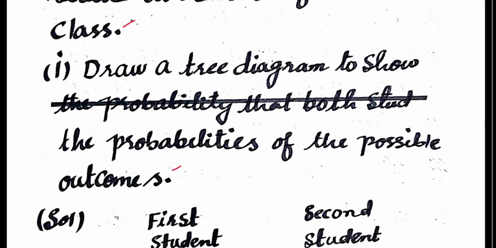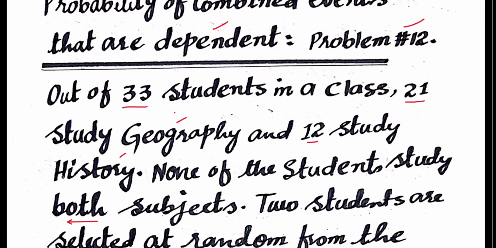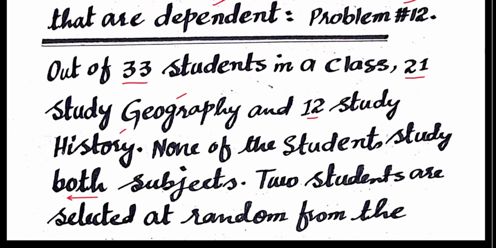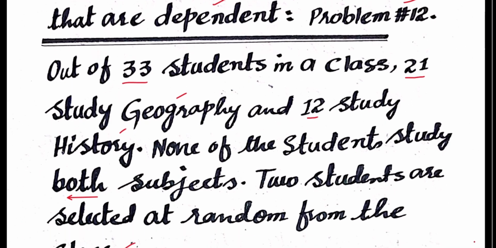Clearly, it is clear from the question that when you select one student from the class and you ask him which subject he reads, suppose he says he studies geography. Now you will not send him back to the class.